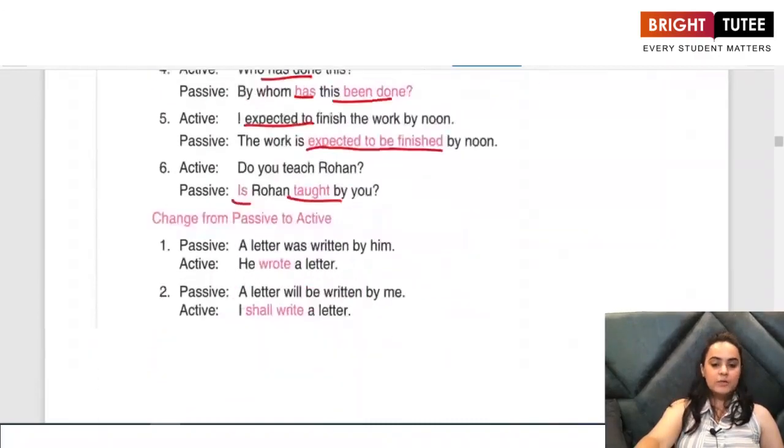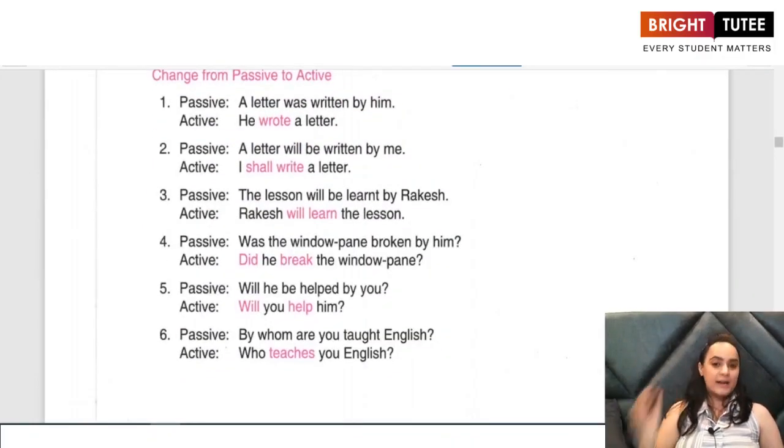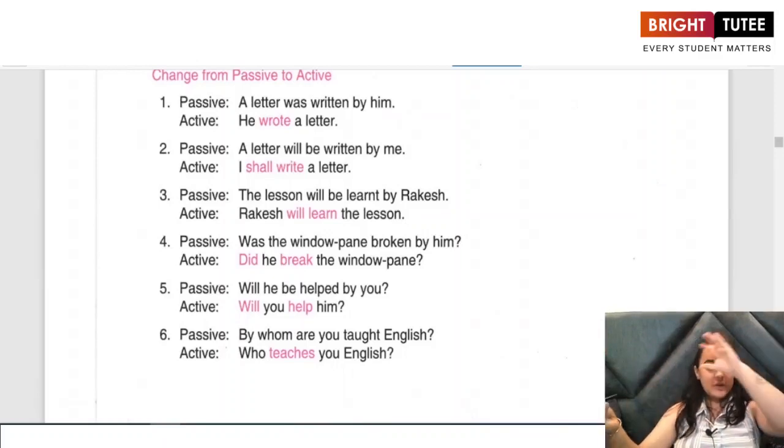Now, let us look at a few examples of how to change passive to active. So far we have been changing active to the passive voice. Now, let us look at a few examples on how to change passive to active. The tense remains the same. The object becomes the subject and the subject becomes the object.